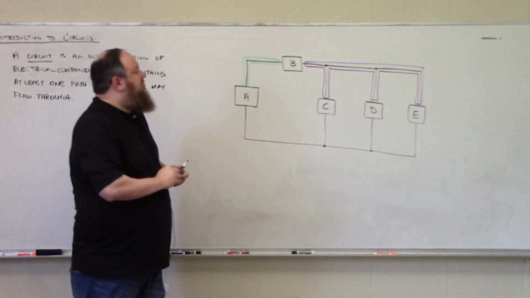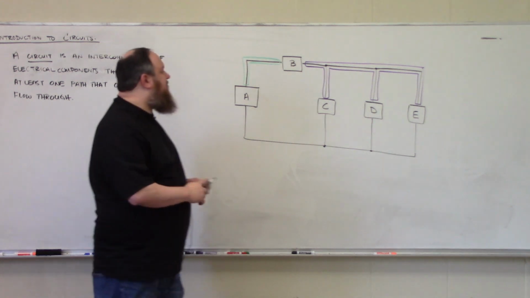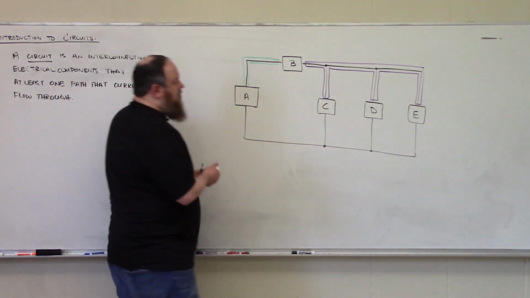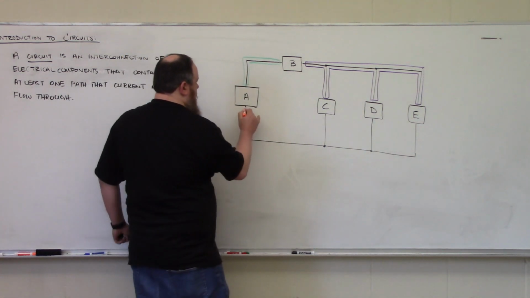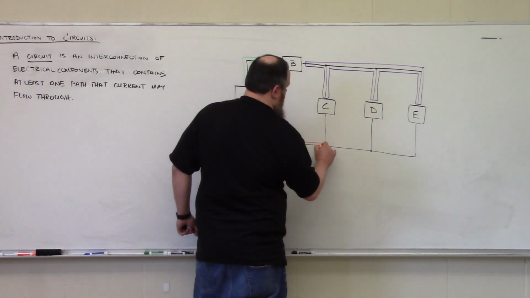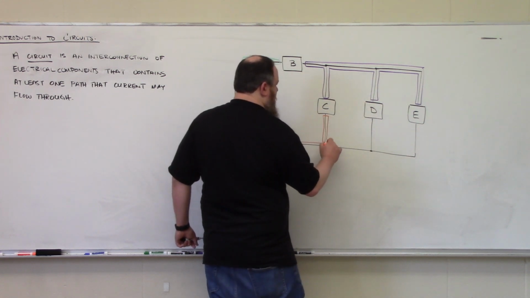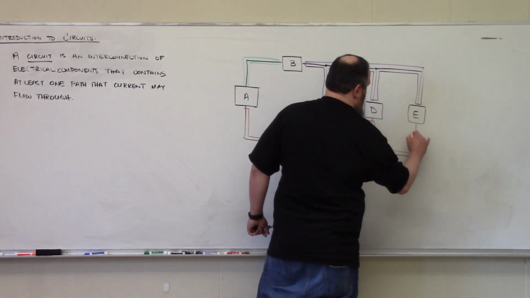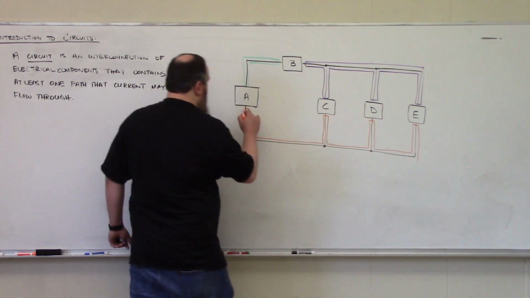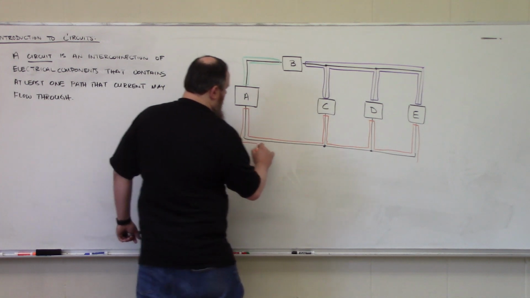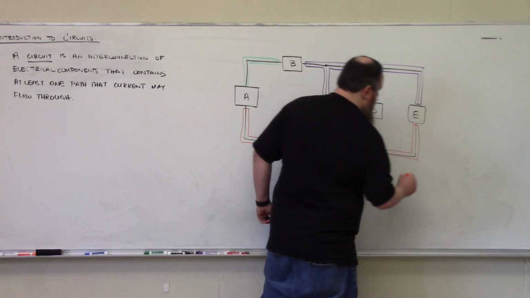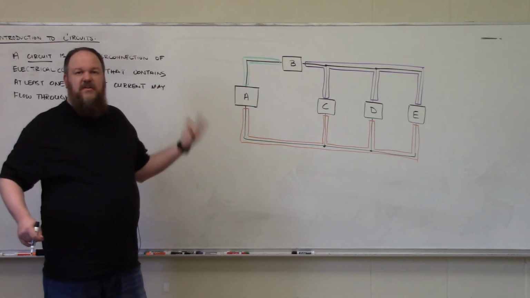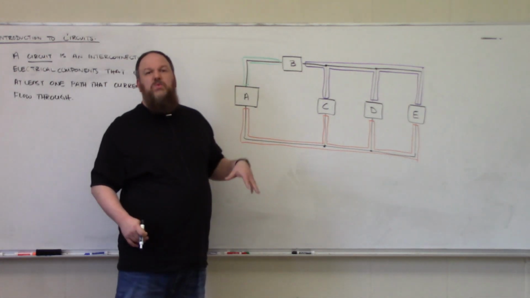So this is a point of interconnection between elements B, C, D, and E. And we also have a third node at the bottom that's going to connect elements A, C, D, and E. So just to reiterate, the points of interconnection between the circuit elements are referred to as nodes.